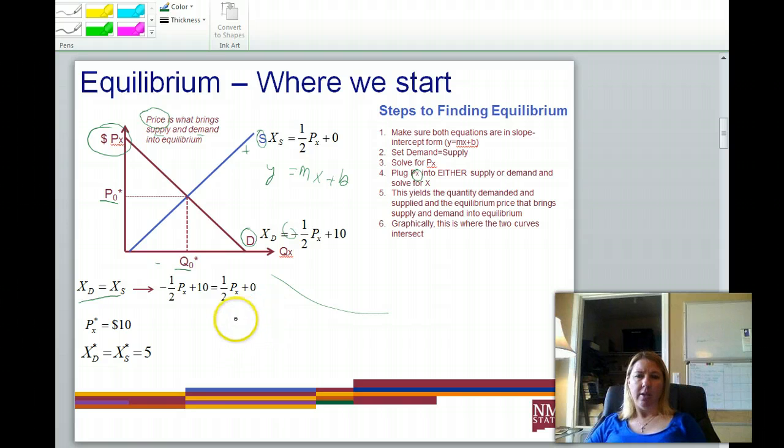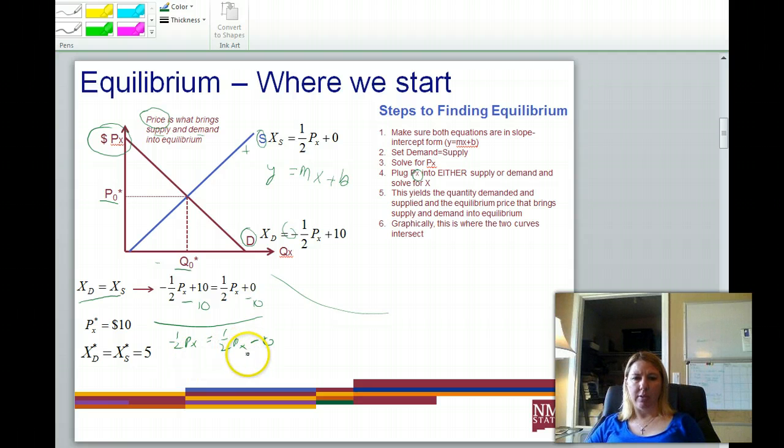To show that really quickly, if we want to solve this, I'm going to subtract 10 from both sides, and I get negative 1/2 px equal to 1/2 px minus 10.